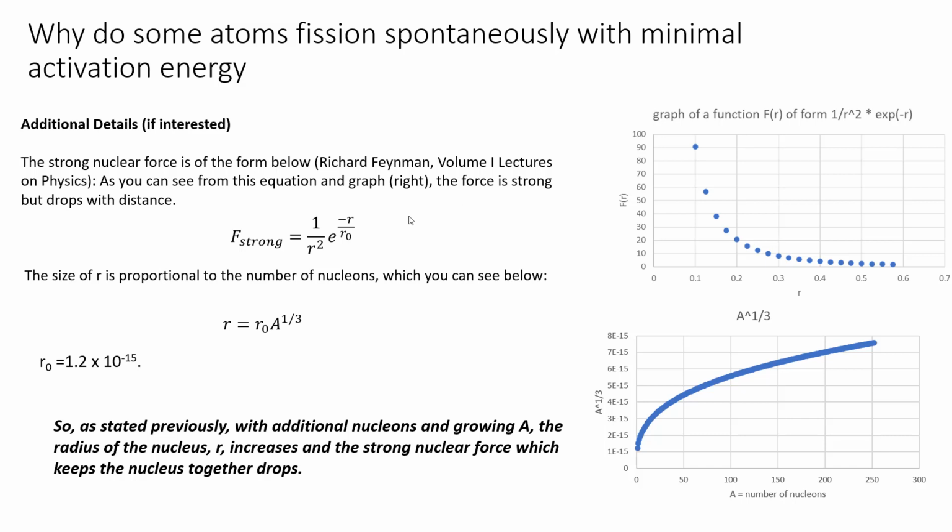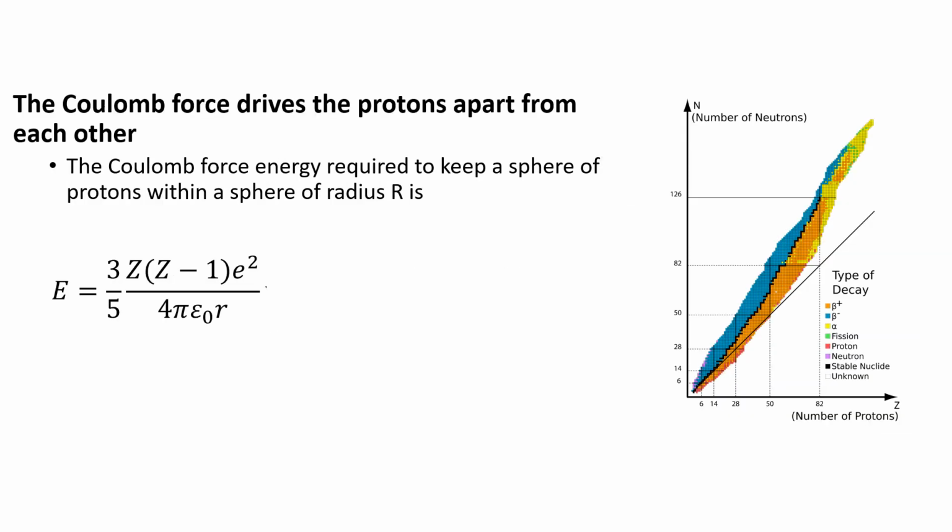And the Coulomb force also drops off some, but not as much as the strong nuclear force. The Coulomb force drives the protons apart from each other. Here is a useful expression: the Coulomb force energy required to keep a sphere of protons within a sphere of radius r.